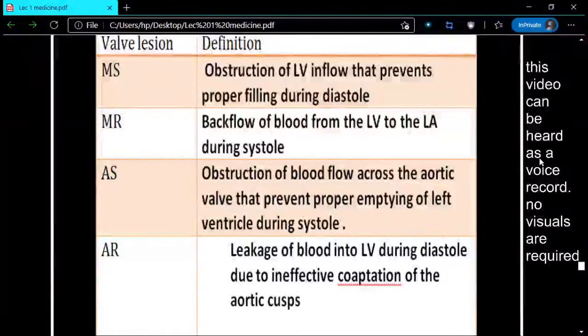Again, AS is the emptying obstruction. AR is the leakage.